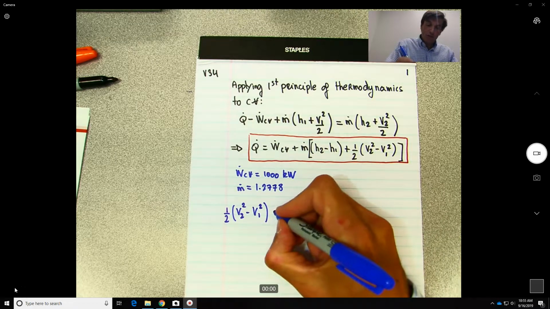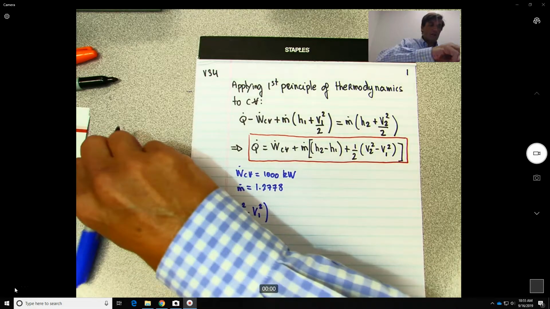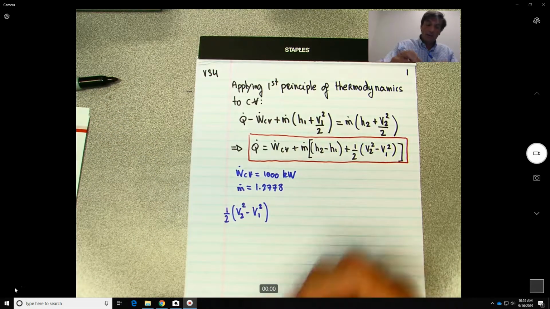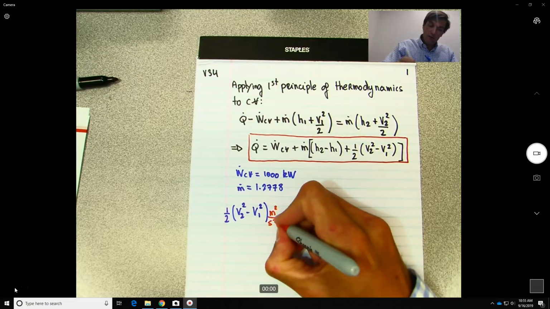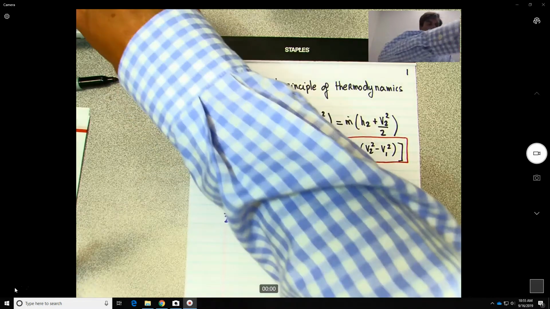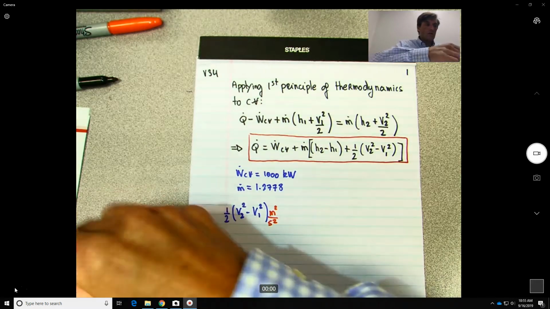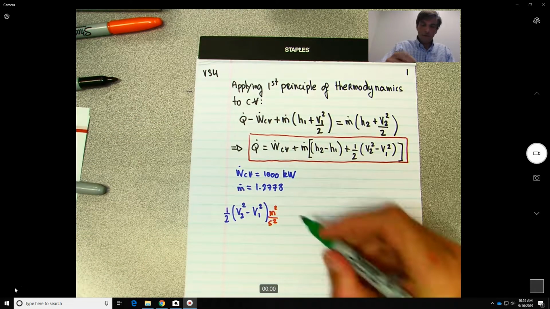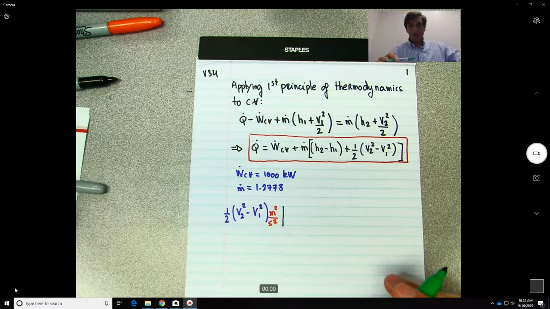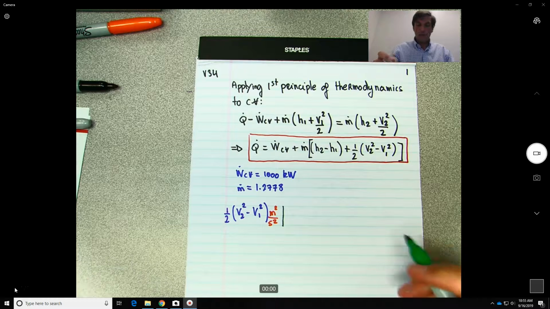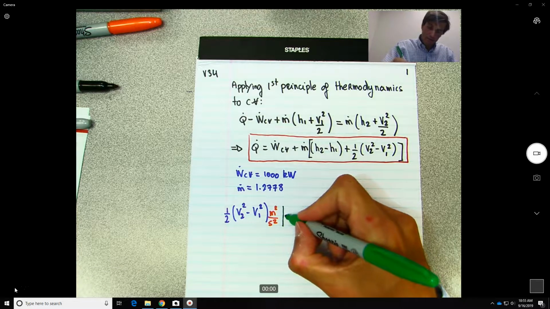So this is equal to what? The units for these ones are meter squared per second squared. So we need to transform that into what? Let's see.